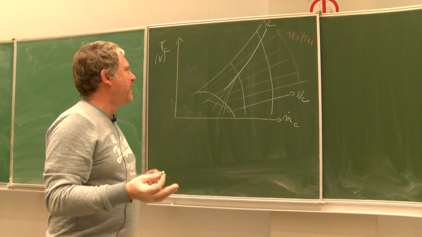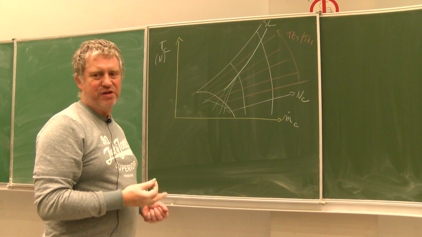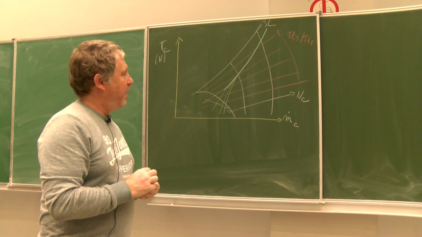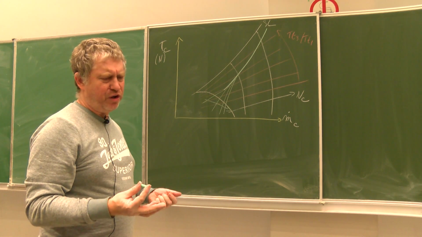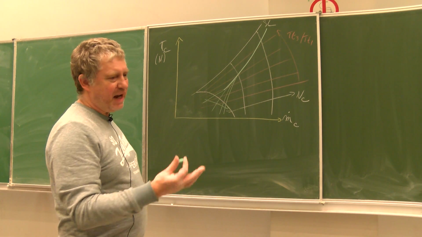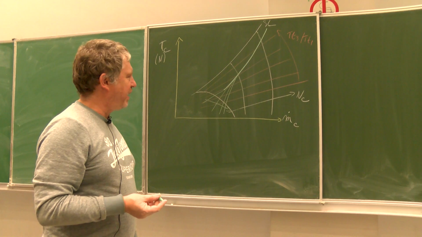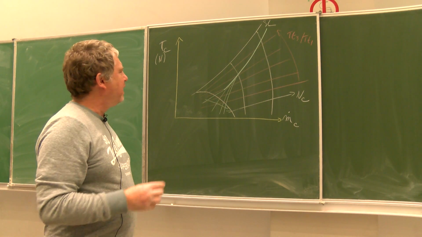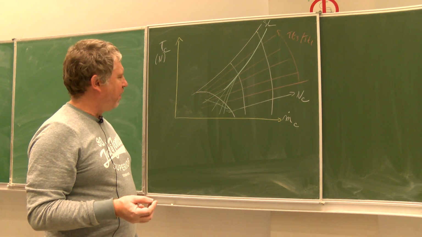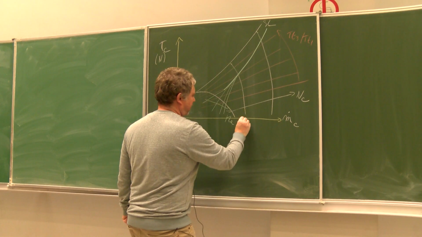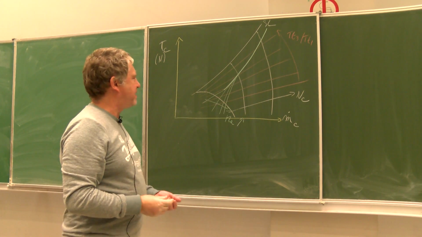We have explained it can be the saturation of the exhaust nozzle, it can be the saturation of the low pressure turbine, depending on what you are considering. If this is the high pressure compressor, it will be saturation of the low pressure turbine. If this is the low pressure compressor, it will be the saturation of the nozzle. And this depends on the Mach number that is increasing in this direction.